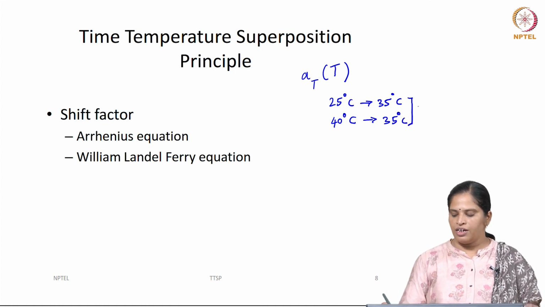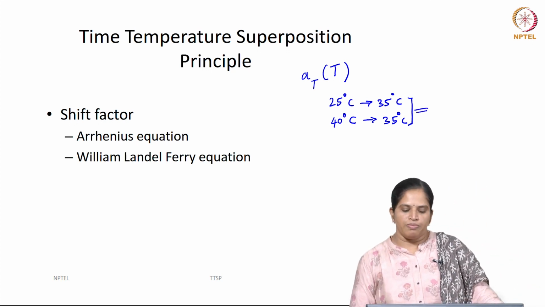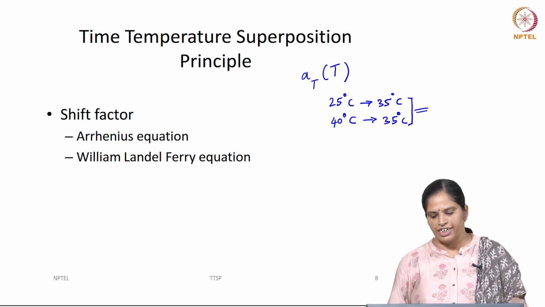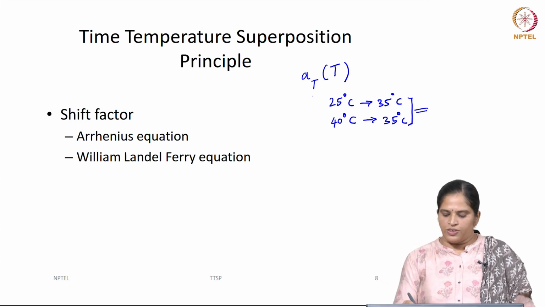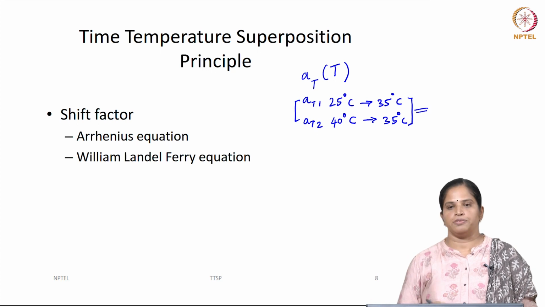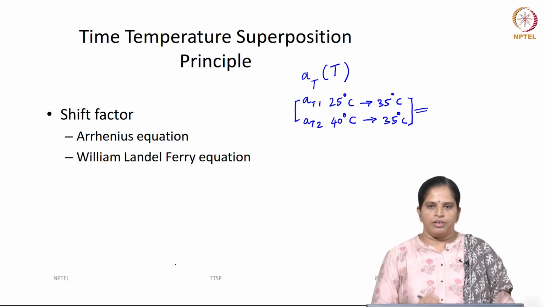The shift factor is not going to remain the same. But how to calculate this? Before even calculating the value of AT, are these two values related? Suppose I name them AT1 and AT2. Are these two values related to each other? The answer is yes, these two values are related.